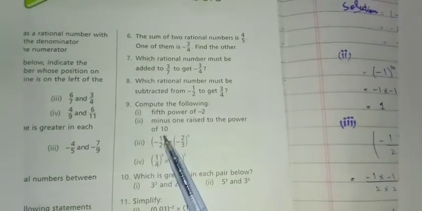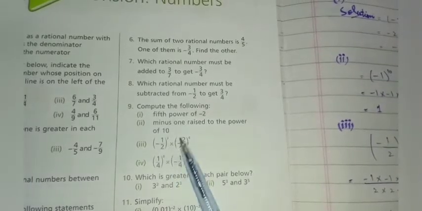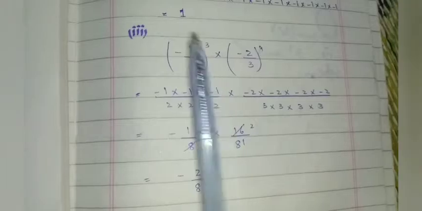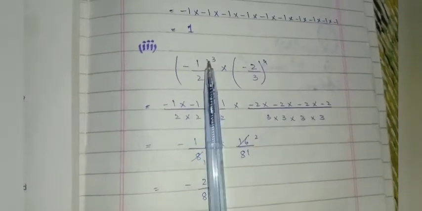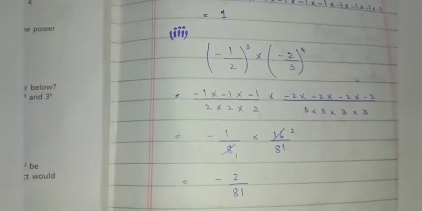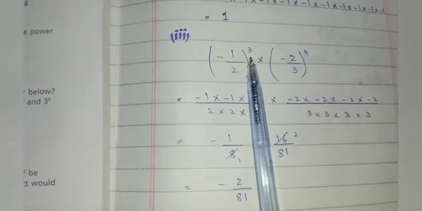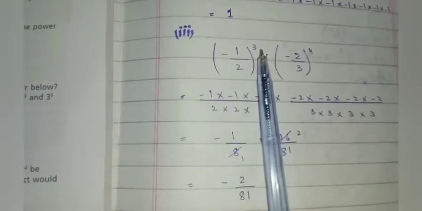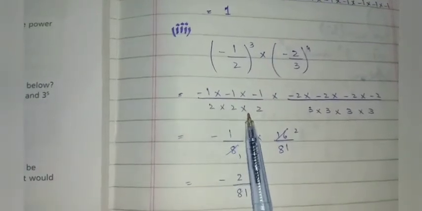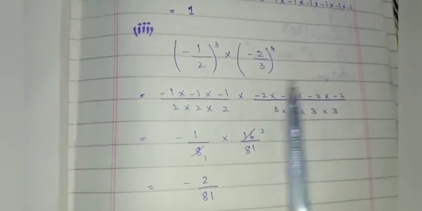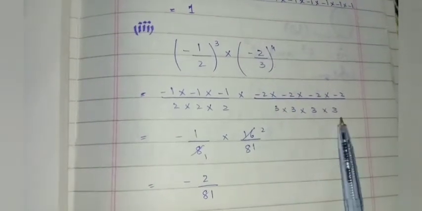Part number 3 is minus 1 over 2 whole cube multiplied by minus 2 over 3 whole power 4. When we have to open the power, we can separate the power of the numerator and the denominator. So minus 1 raised to the power 3 can be written as minus 1 multiplied by minus 1 multiplied by minus 1, and 2 raised to the power 3 is 2 multiplied by 2 multiplied by 2. Minus 2 power 4 is minus 2 multiplied four times, and 3 power 4 can be written likewise.